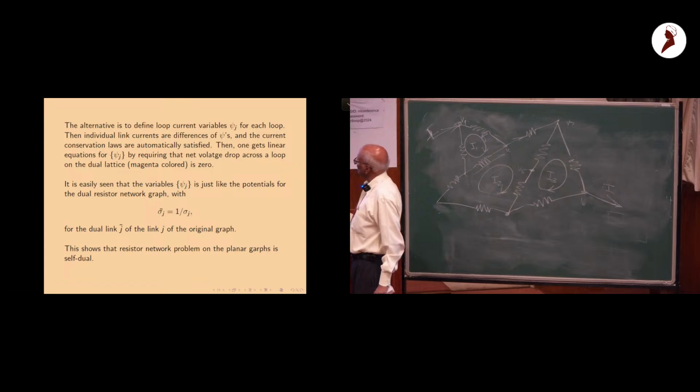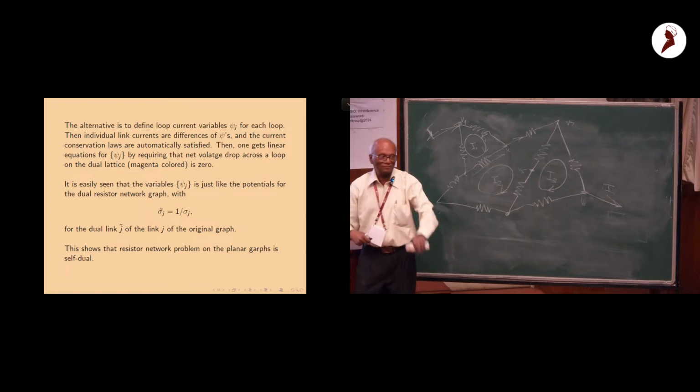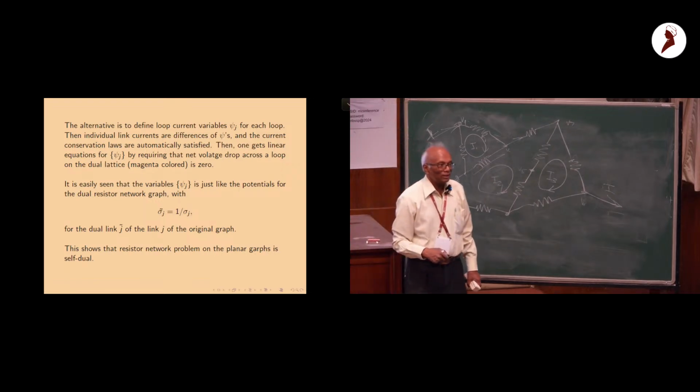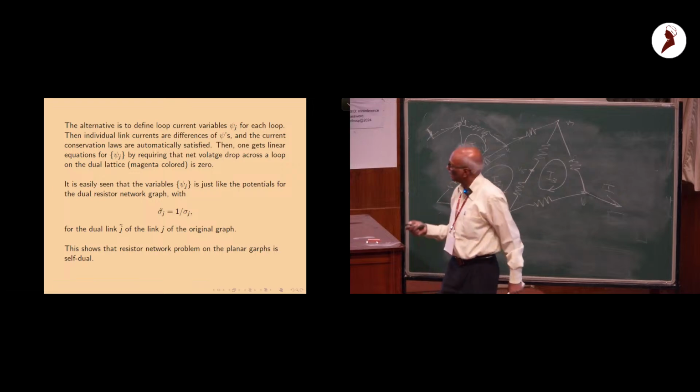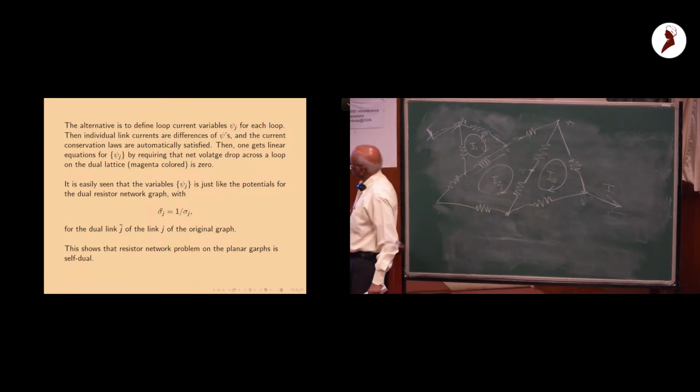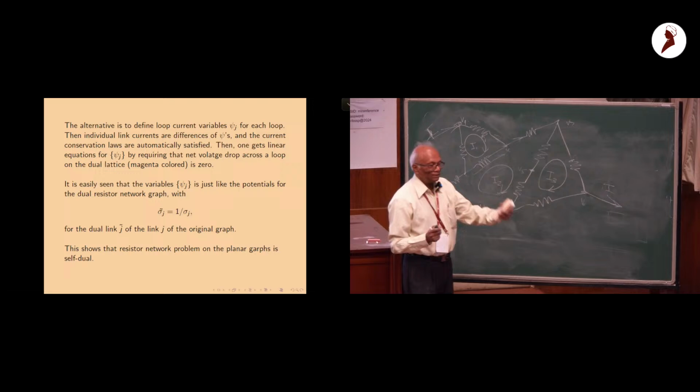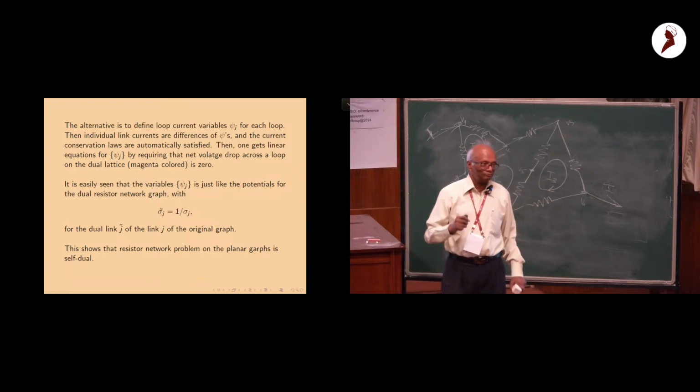Okay? So it is easily seen that the equations you get for psi I, these are the loop currents, but psi I will be in the dual lattice, they are the vertices. So in the dual problem, psi I are actually the voltage variables. And so the equations become the same if I assign to the dual variable a conductance equal to 1 upon sigma of the other link, then the two equations become identical.